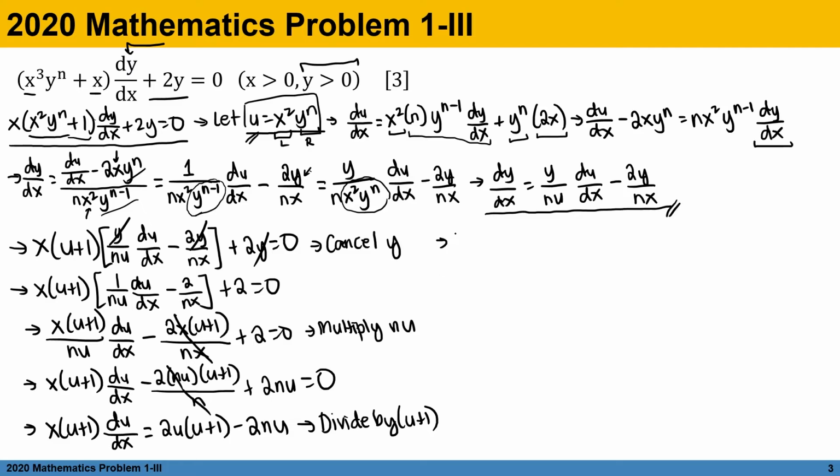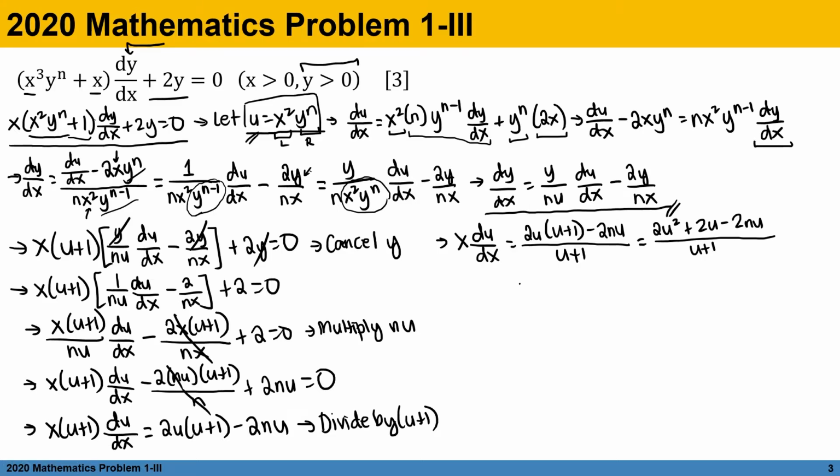So we have x du over dx equals 2u times (u plus 1 minus 2n) all over u plus 1. Or we can distribute the numerator. We have 2u squared plus 2u minus 2nu all over u plus 1.